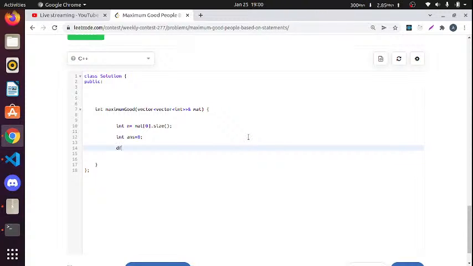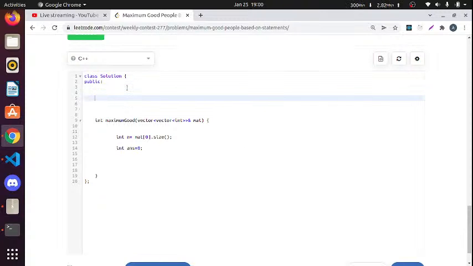And we will call it DFS. Let's make a DFS, something like that, and we will definitely pass a vector. And we will pass the position. Okay, so person.